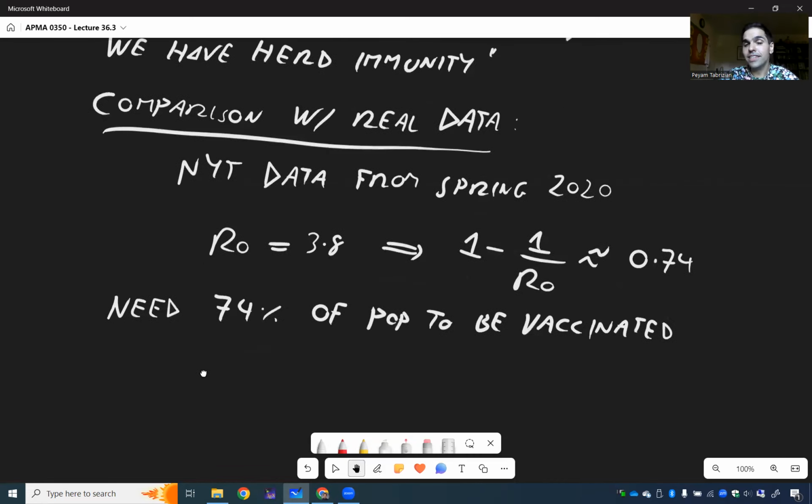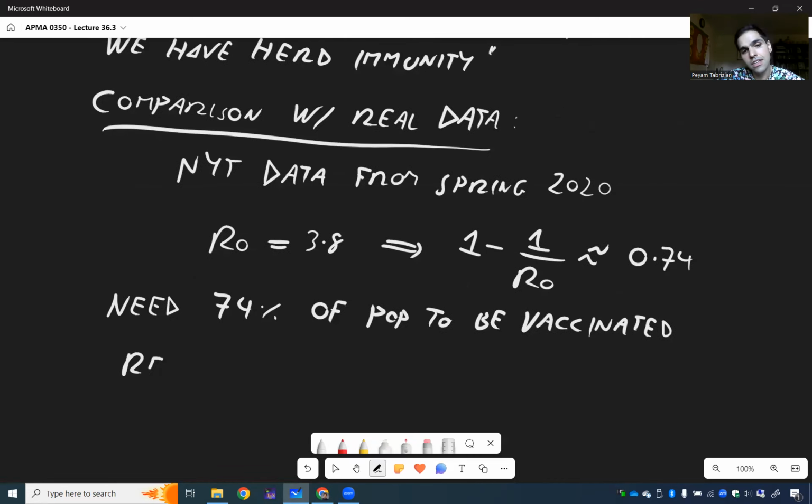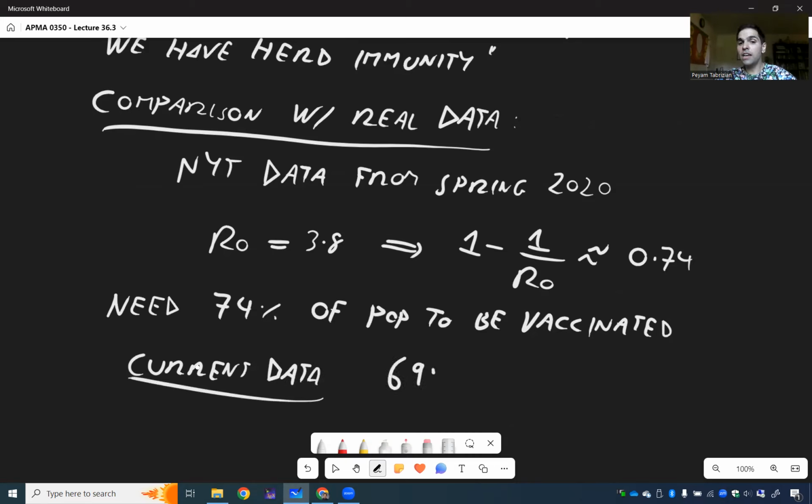Well, last time I checked, current data, it seems that only 69% of people are vaccinated, at least in the US population. So unfortunately, we're not quite there yet, but almost.